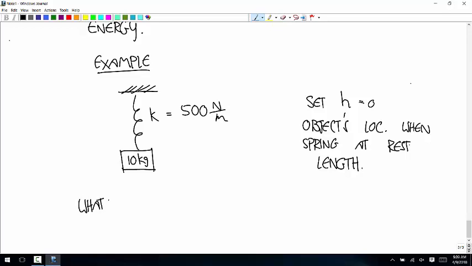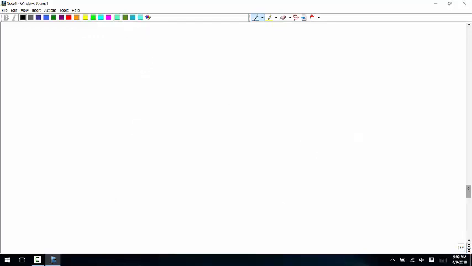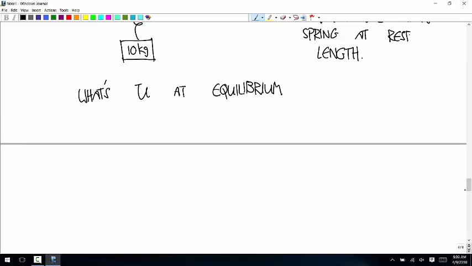So what's the total potential energy at equilibrium? I think this is going to come out to be 0, actually, now that I think about it.